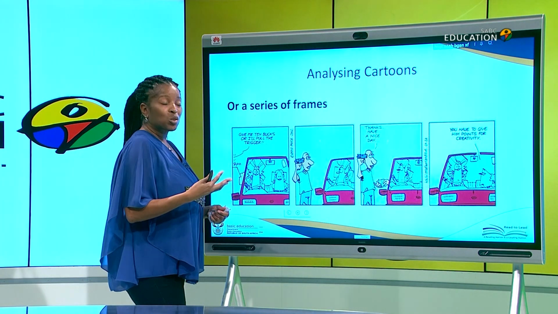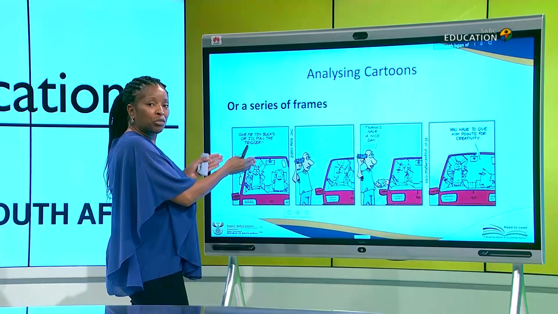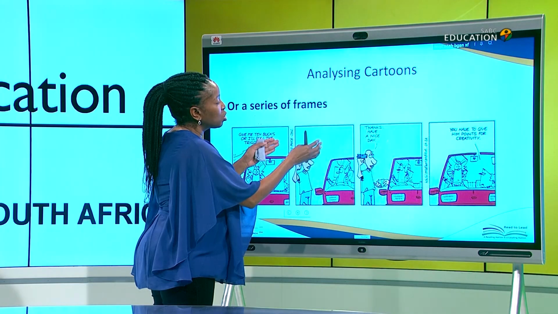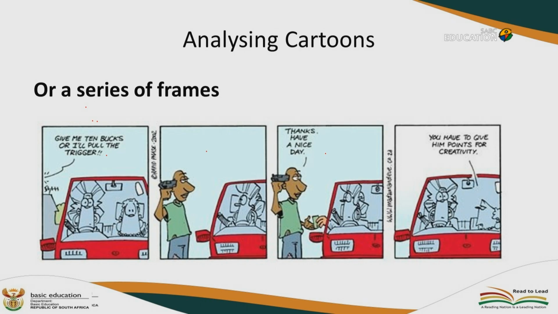And when you are asked questions in the exam, the examiner will say, refer to frame 1, refer to frame 2, refer to frame 3, refer to frame 4. Please remember, if you are asked a question about a particular frame, you cannot use evidence from a second frame or the next frame. You must concentrate on that one frame that the examiner has made you aware of.